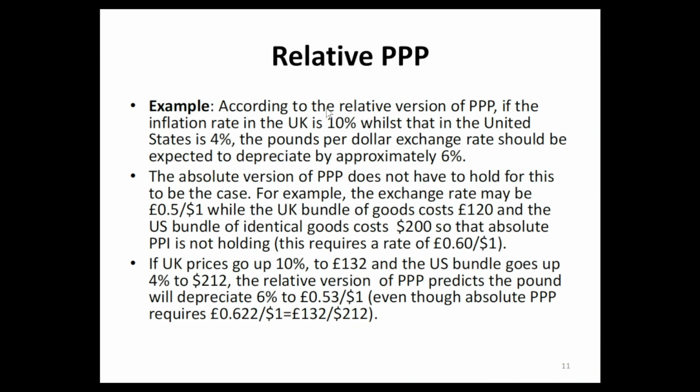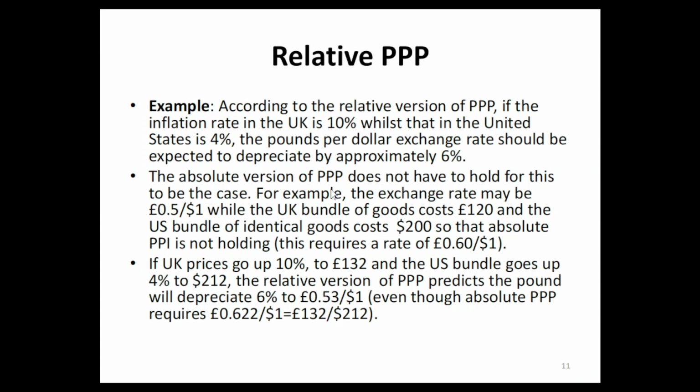For example, according to the relative version of purchasing power parity, if the inflation rate in the United Kingdom is 10% whereas the United States is 4%, the pound per dollar exchange rate is expected to depreciate by approximately 6%. ለምን? ዩናይትድ ኪንግደም ላይ 10% ነው, አሜሪካ ላይ ስንት ነው? 4%. ስለዚህ ፓውንድ ዲፕሪሺየት ያደርጋል. የ10 እና የ4 ልዩነት 10 ሲቀነስ 4 ስለሆነ 6 ይሆናል. ስለዚህ ፓውንድ ዲፕሪሺየት ያደርጋል ማለት ነው, ምክንያቱም ኢንፍሌሽን ሬቱ ዩናይትድ ኪንግደም ላይ በጣም ከፍተኛ ስለሆነ.